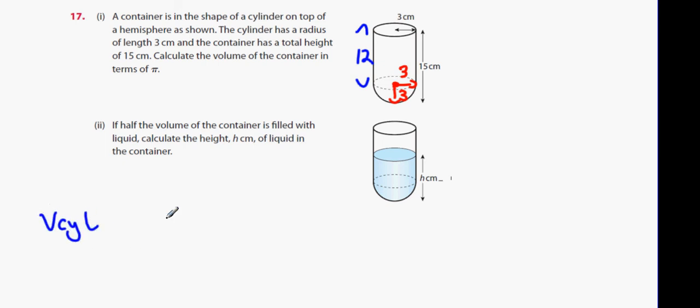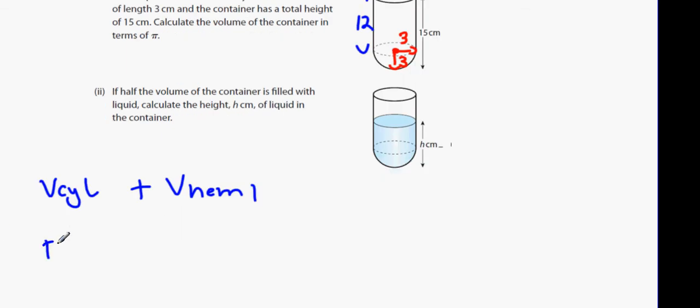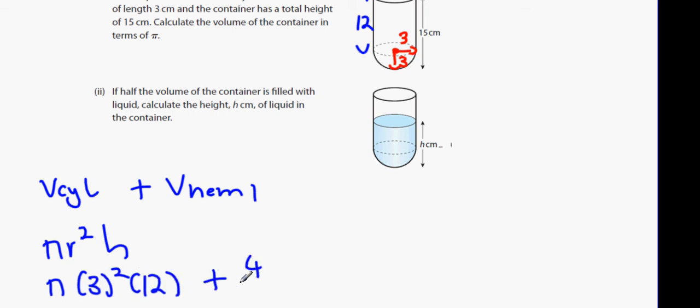It's the volume of the cylinder plus the volume of the hemisphere is the total volume. The volume of the cylinder is pi r squared h. Pi multiplied by 3 squared multiplied by 12 plus 4 over 3 pi multiplied by the radius cubed, 3 cubed, because it's 4 over 3 pi r cubed.